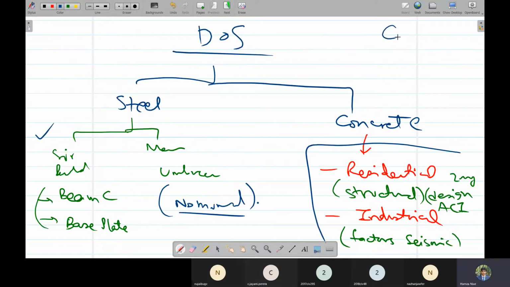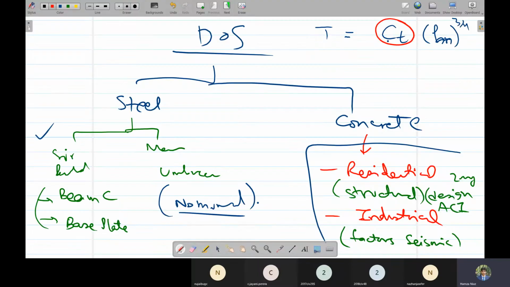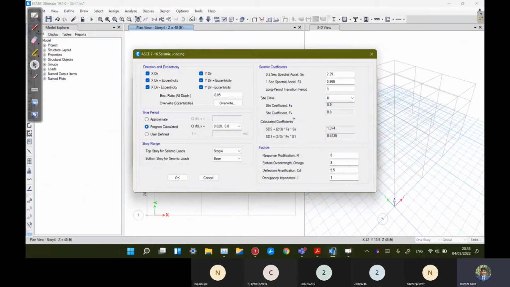Ct is for time period. As you know, the formula for time period is Ct times hn to the power 3/4, where hn is the total height of the building. So we have to memorize Ct, Ss, S1, and Fa and Fv. These are dependent on the soil class; if we change the class, Fa and Fv will change.